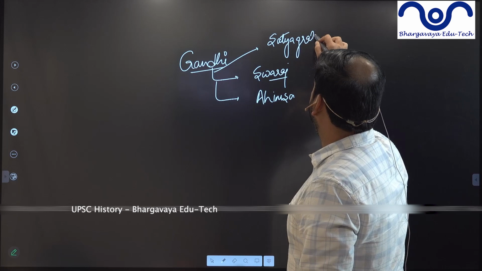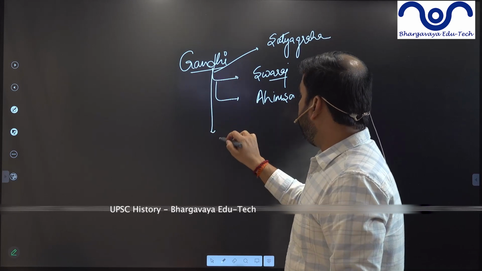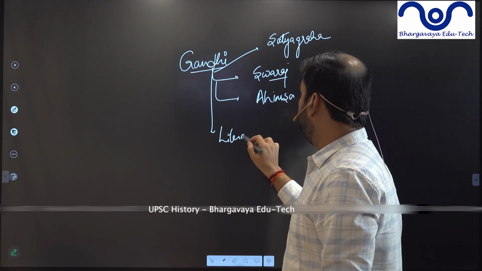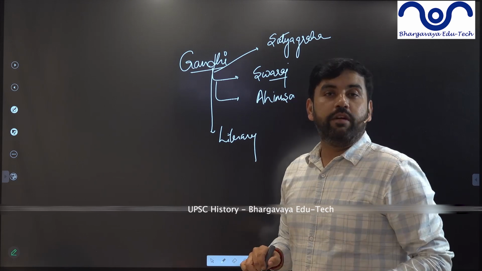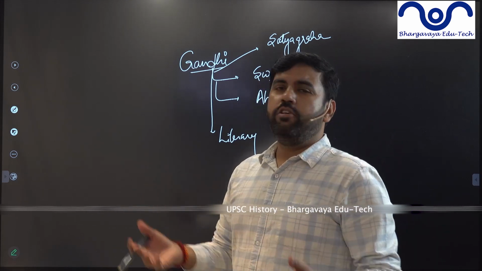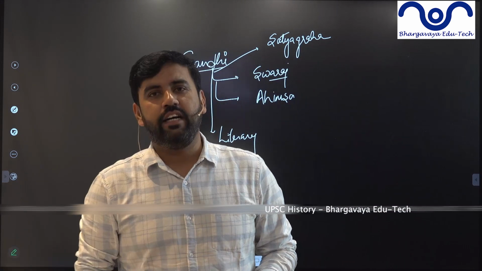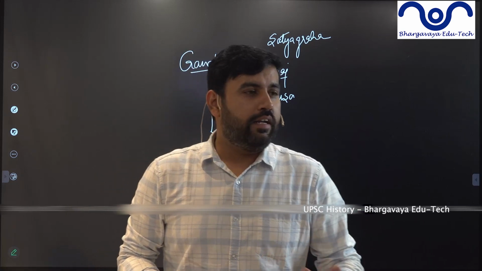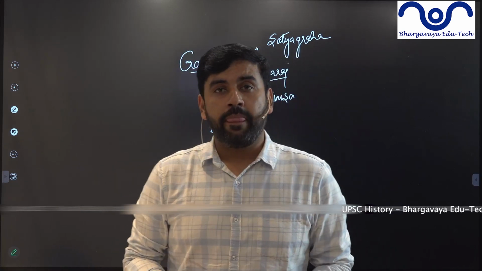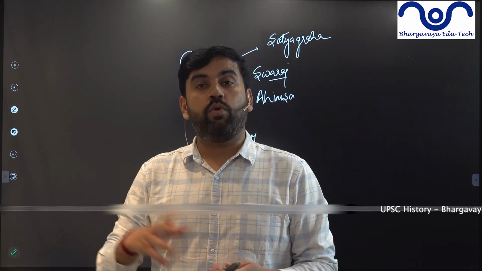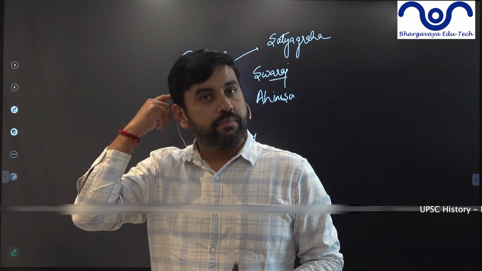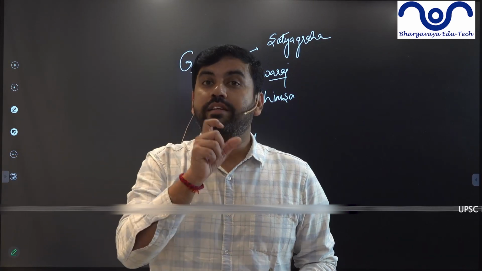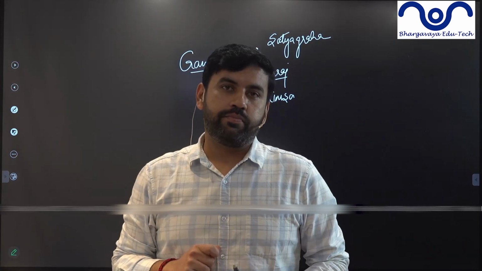Then he also wrote many literary works, like his own book My Experiment with Truth. Many newspapers he started, like Young India and Harijan. He wrote many songs while he was in prison. So that is what his contribution is.